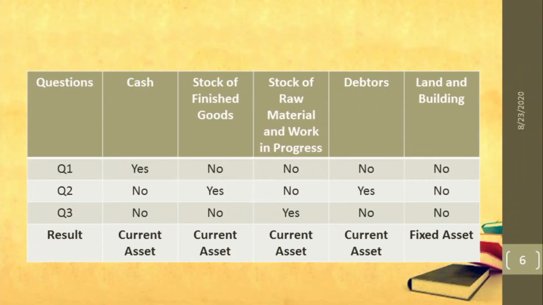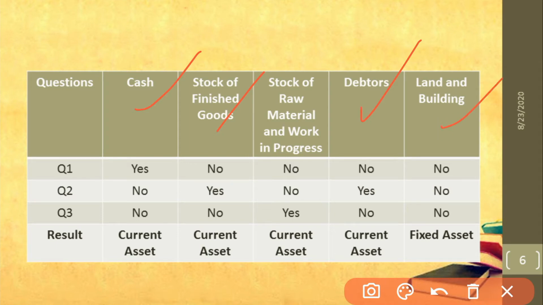See, over here I have taken cash, stock of finished goods, stock of raw material and work in progress, debtors, and land and building. Over here you understand what is cash. Stock of finished goods: I procure some raw material, as every business does, then some part of work is performed on the raw material.